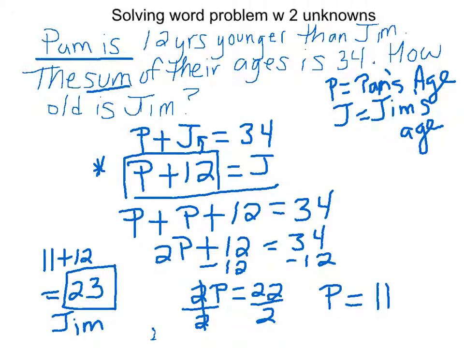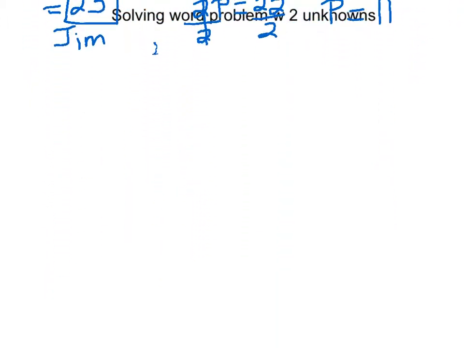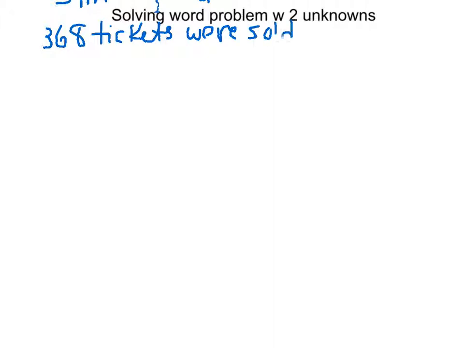Alright, let's try another one of these. Let me slide this up. Alright, let's do a problem with tickets. There are always problems with tickets being sold. Let's say that there was a concert, and altogether 368 tickets were sold. And what else?